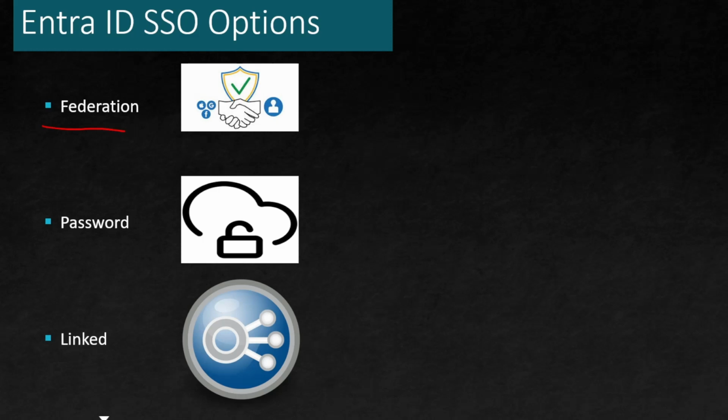Now, Microsoft Entra supports federation protocols, and some of the protocols include the SAML protocol, WS-Federation, and OpenID Connect, which together act as trusted intermediaries, authenticating users to applications using the Microsoft Entra ID account.